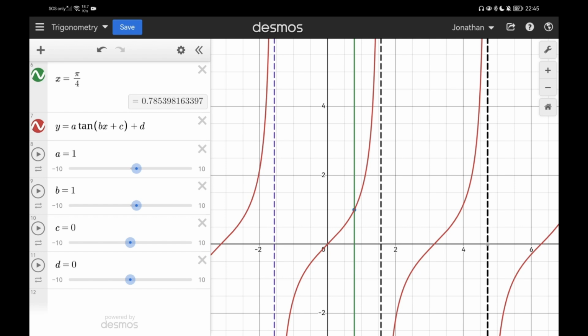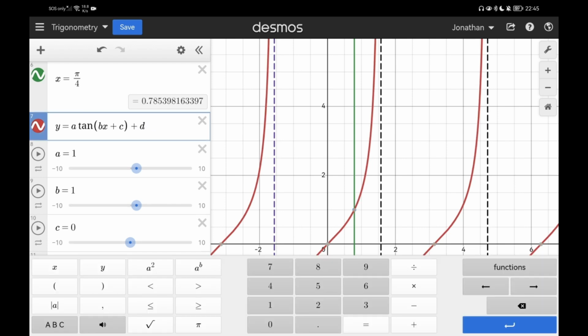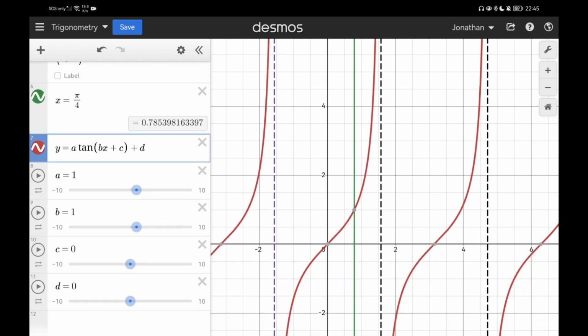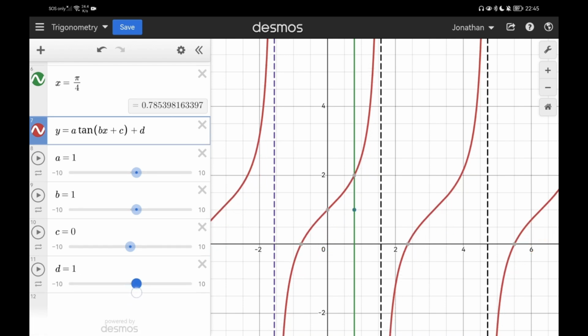So let's start the visualization of the translation, starting from the translation in the y direction. Let's vary d. Let's change d to 1, which means you add 1. What you observe is that from the original graph, it shifts upwards by 1.